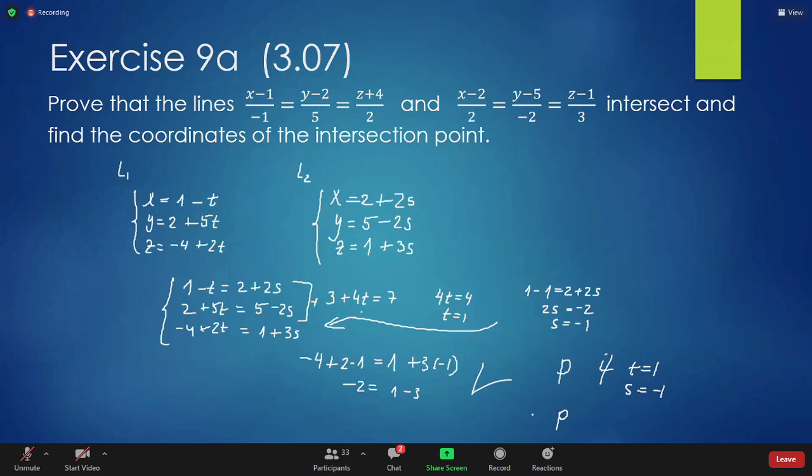If t is 1, then from the first equation we get 1 minus 1 is 0. The first coordinate is 0. 2 plus 5 is 7, same point. And of course, minus 4 plus 2 is minus 2. Same point.